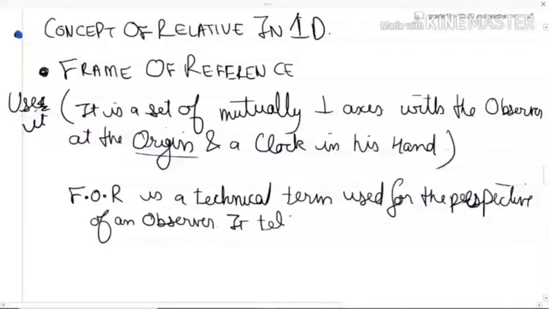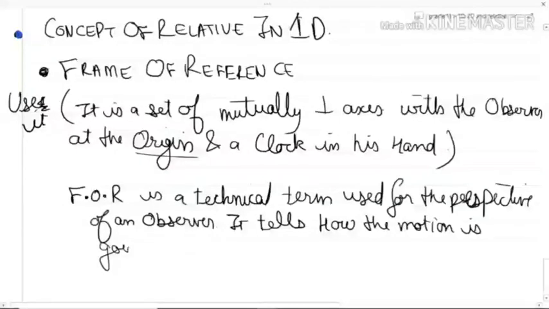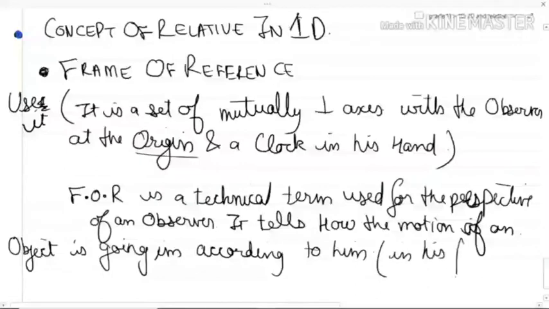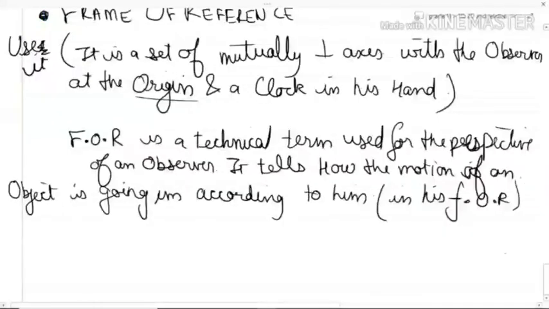It tells us how the motion of an object is going on according to him, or basically in his frame of reference. For example, I'll give you examples as well.